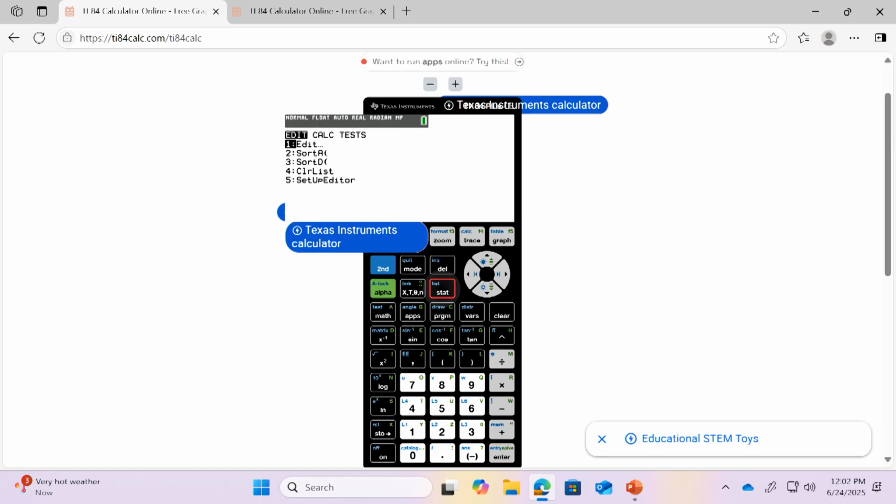So I'm going to go back to my Stat, go to the right to Calculate. Now we said this was quadratic. So I'm going to go down to number 5, which is my quadratic regression, and press Enter. My x values are list 1, y values are list 2, so I'm going to keep pressing Enter till Calculate. And then it tells you where a, b, and c are in your equation, and then it tells you what a, b, and c are.